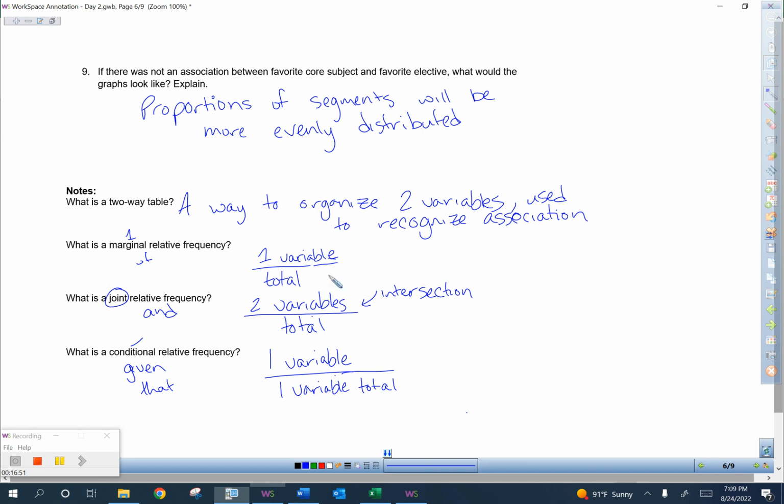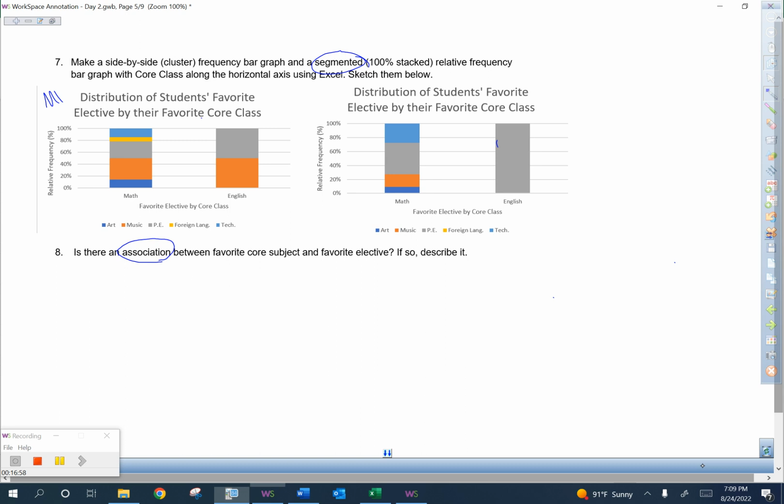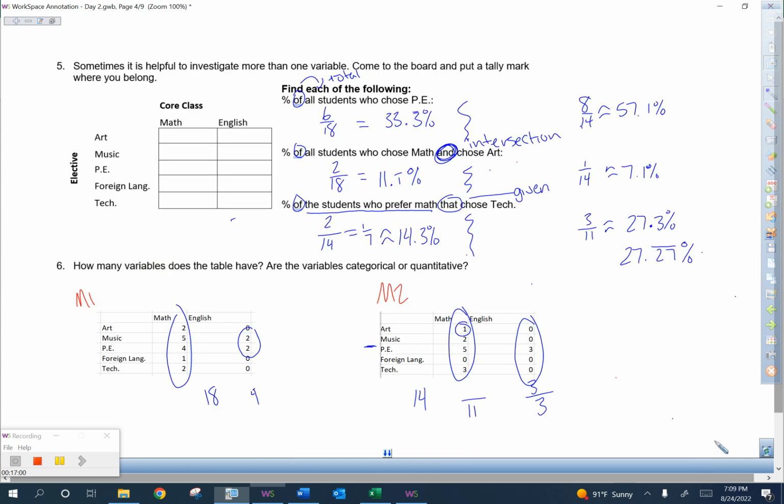So with that in mind, we're going to go back real quick to number 5 and make sure we can classify each of them based on what we're seeing. Okay, so number 5, we had of all students who chose PE, there is just one variable, and so that would make it a marginal relative frequency. Okay, when we're talking about math and art, there are two things together. The word together is joint.